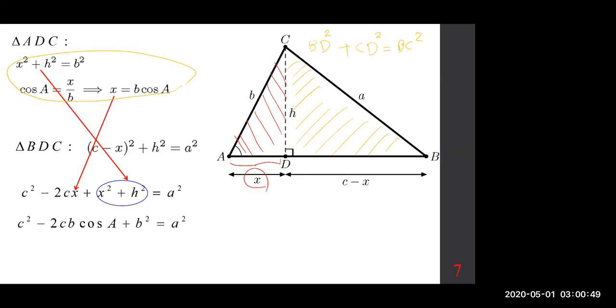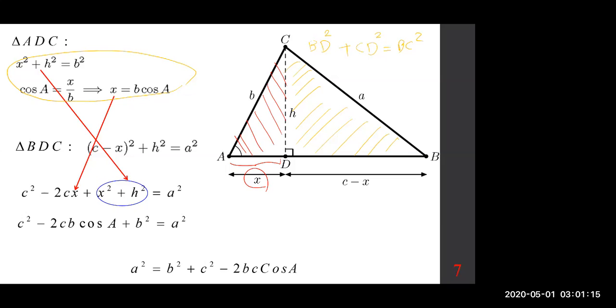All you have to do is just rewrite this as A squared equals the left side in this order. And this is the proof for the cosine law.